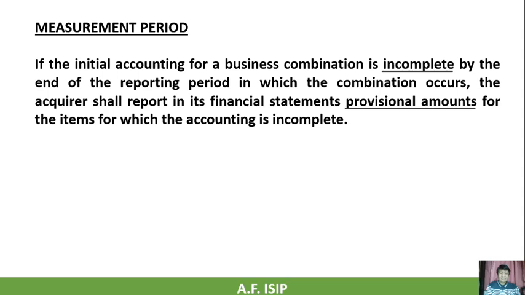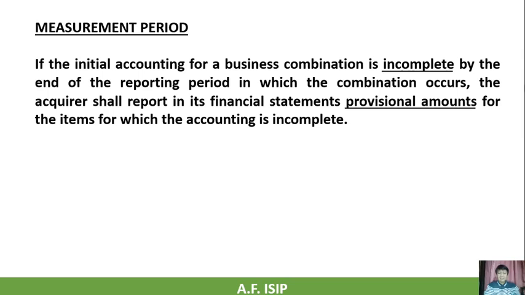So in that case, in the absence of data needed for your financial statements, the acquirer, according to the standards, is allowed to provide provisional amounts for the items for which the accounting is incomplete.